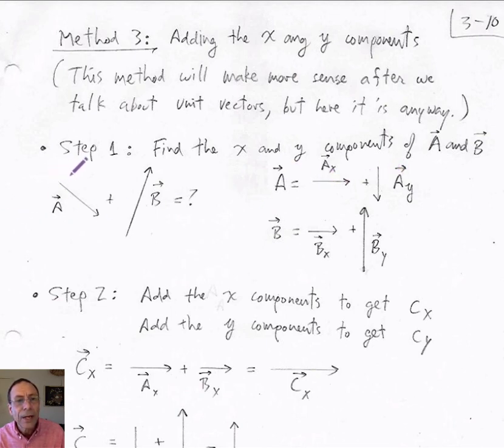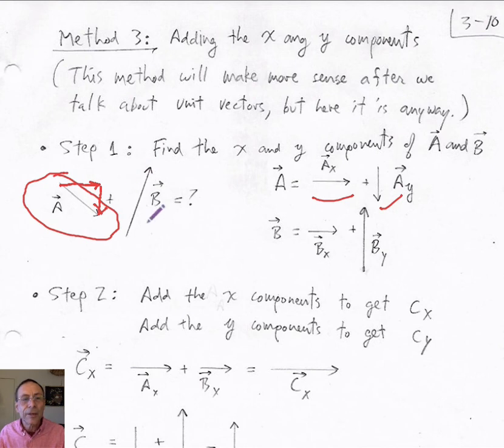So this A vector, if you decompose it, has a part that is like this to the right, and that's the x component, and then a y component. The B vector, if you decompose it, has an x component like so, and a y component like so. And that's what I've drawn here. I was kind of careful when I made these notes. I made everything just the right length.